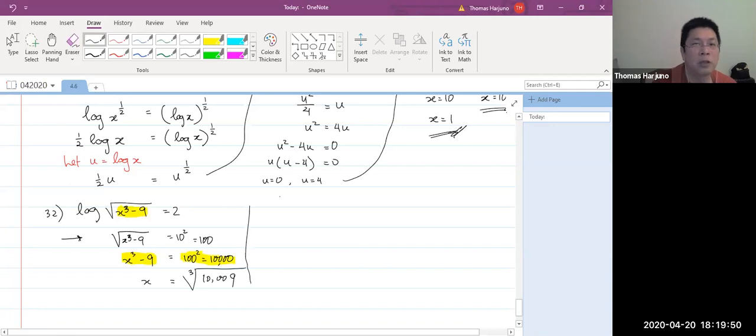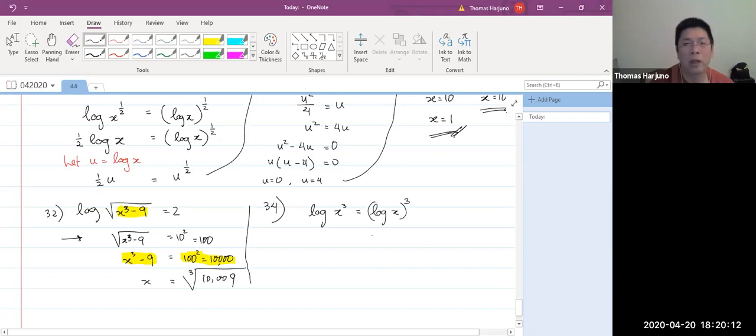Number 34 is actually similar to question number 30. That's log of x cubed equals log x, all cubed.